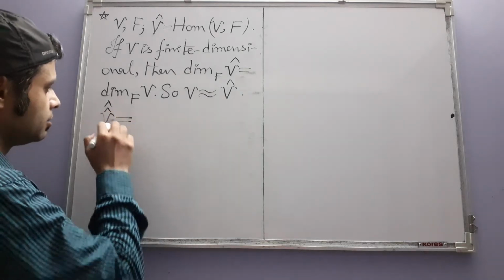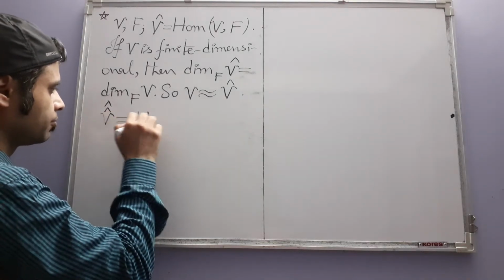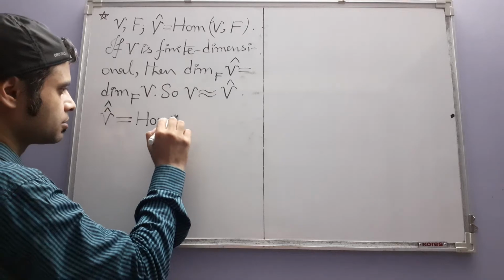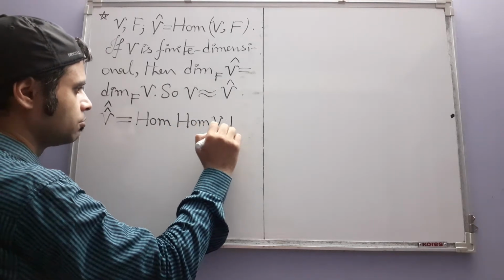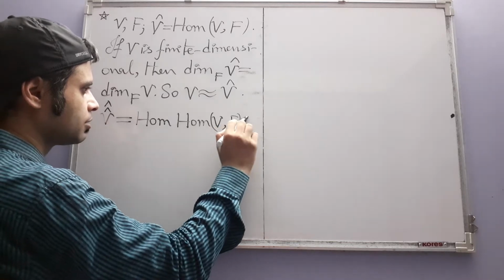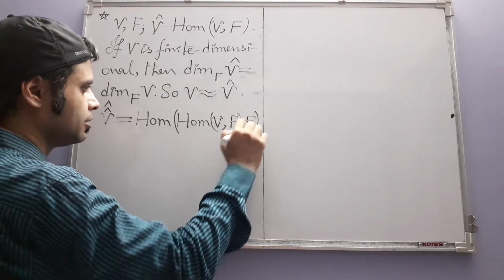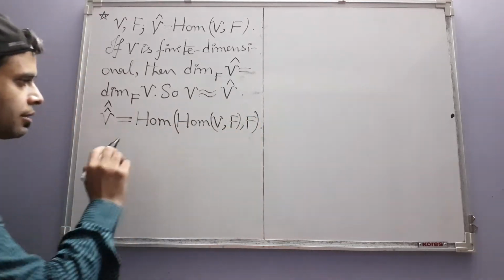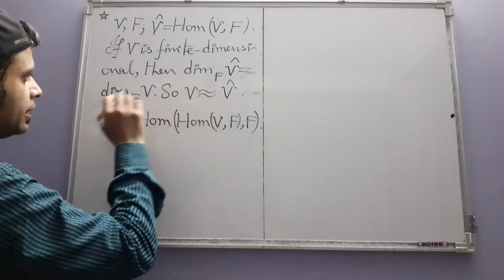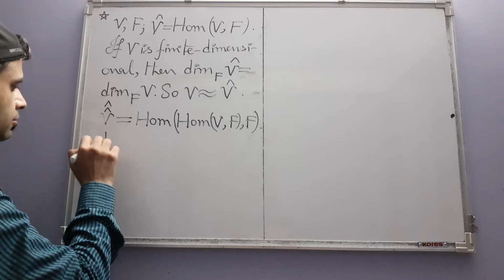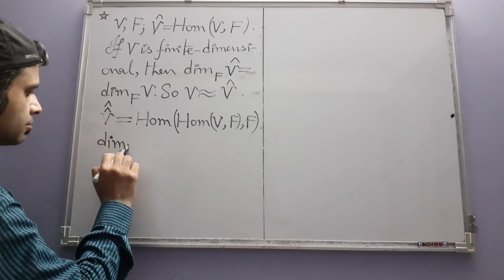If you write this thing in detail, it looks like this, which in spite of how complicated it looks, is in fact something meaningful. Now just like we had this equation, we can of course also have this.